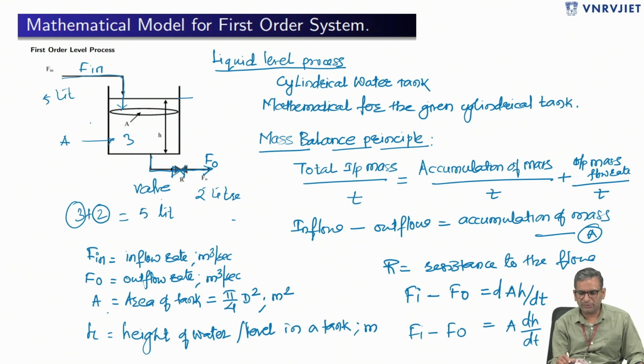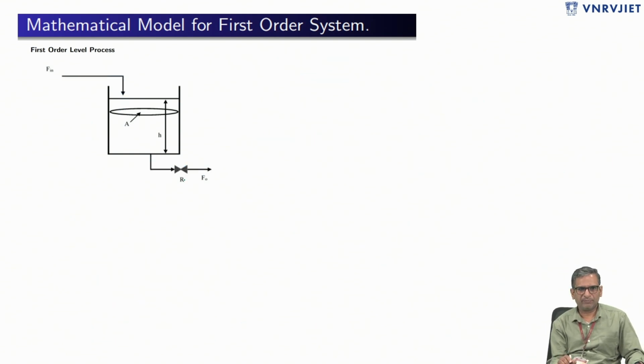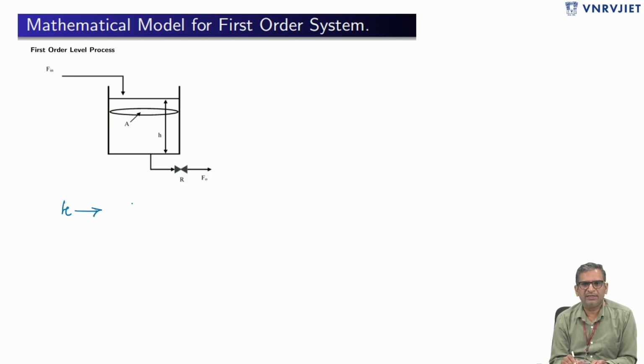Now if you see this particular tank, consider the water stored in the tank as the electrical equivalent of voltage, or potential difference, of a circuit. I can consider the flow rate like electric current I. I will consider the valve resistance, shown here as R, like electric resistance of a circuit.